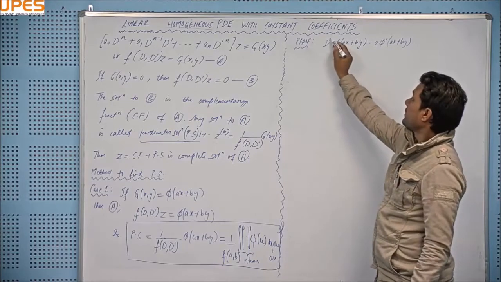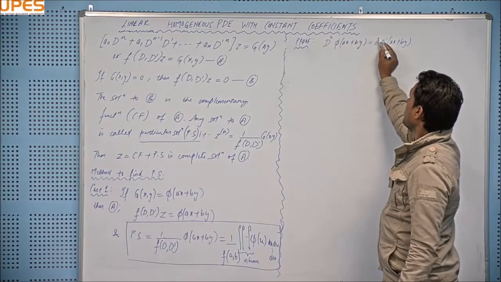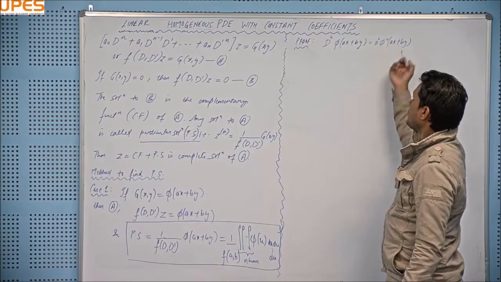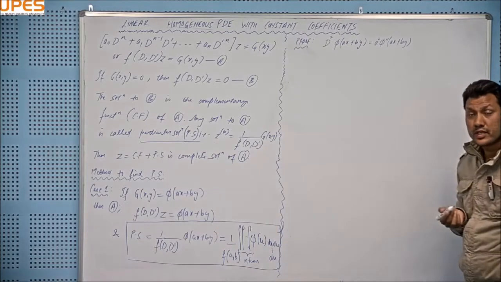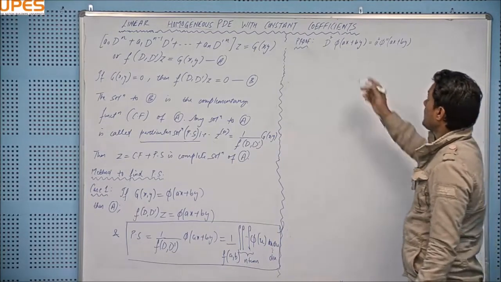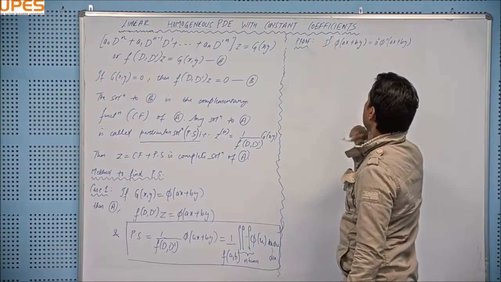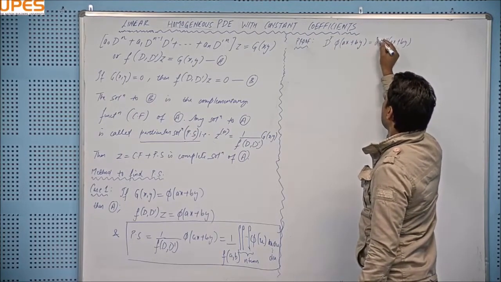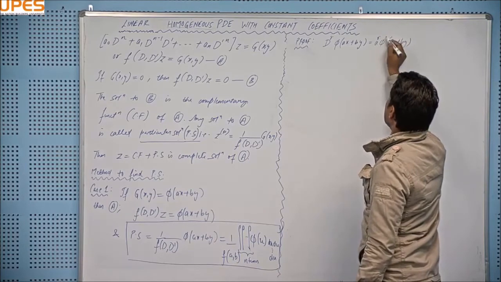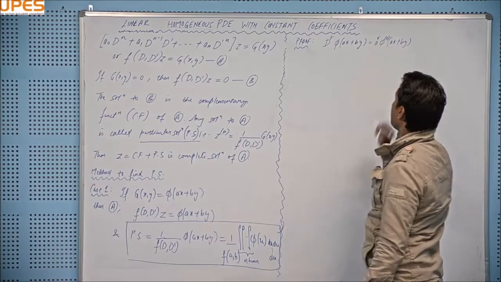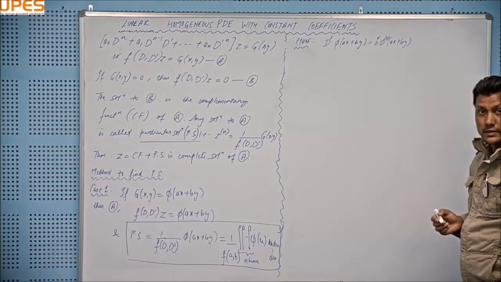And if I operate D squared, then I will get a squared here, and here it will be phi''. So on operating D r times, I will get a to the power r and the rth derivative of function phi.